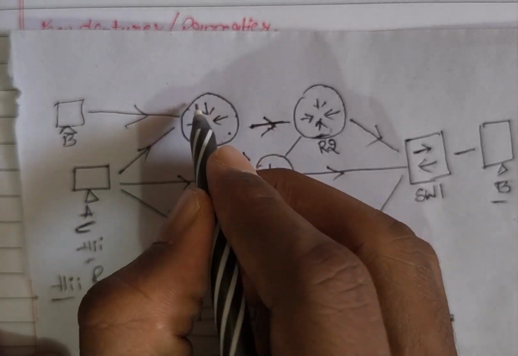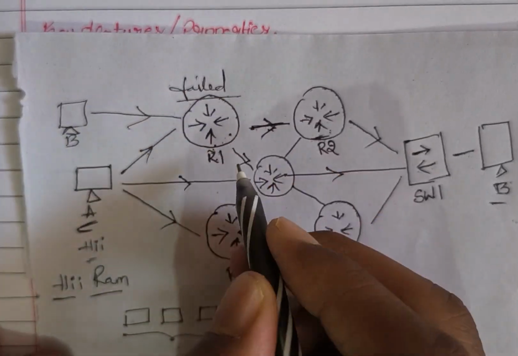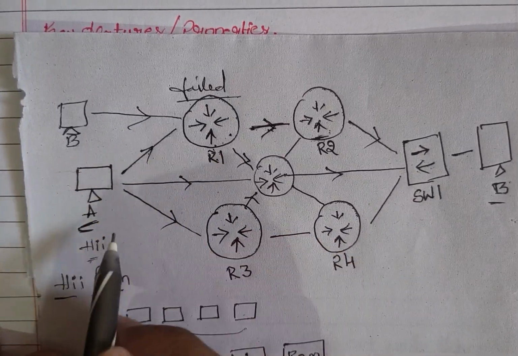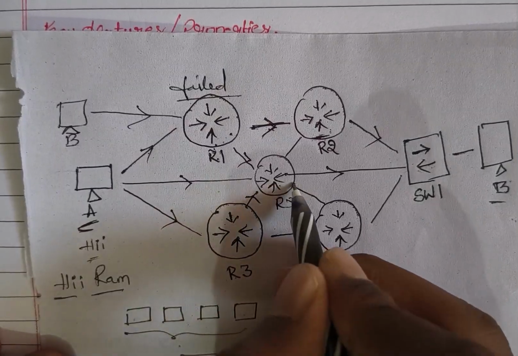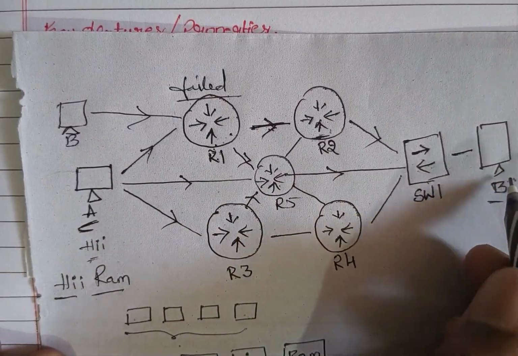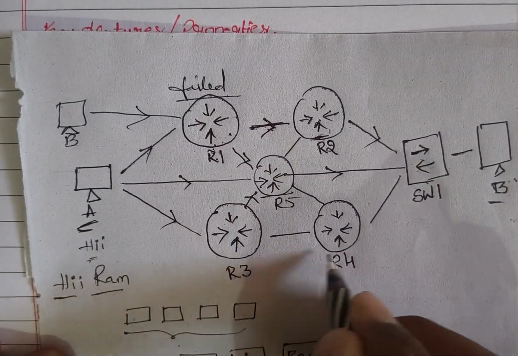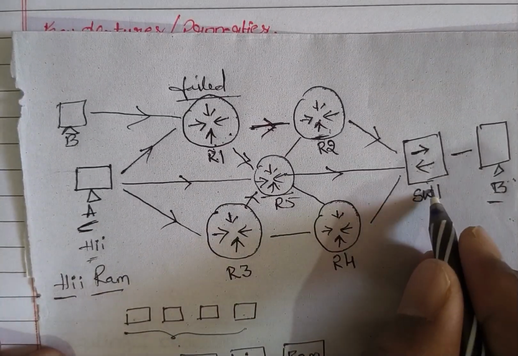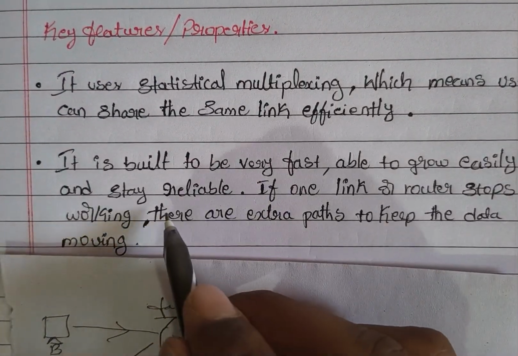Here R1 has failed. Then it will choose R5 directly, and it will go to switch 1. If this R5 also fails, it will choose R3, and R3 to switch 1, and it will go to B. Like this, they stay reliable.